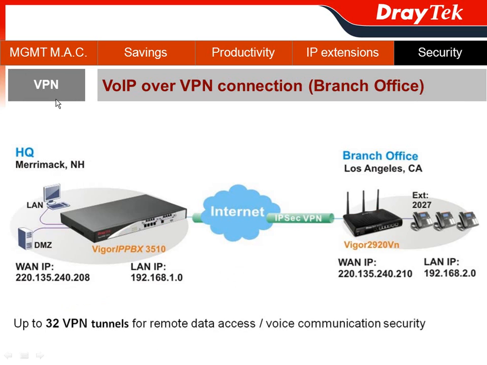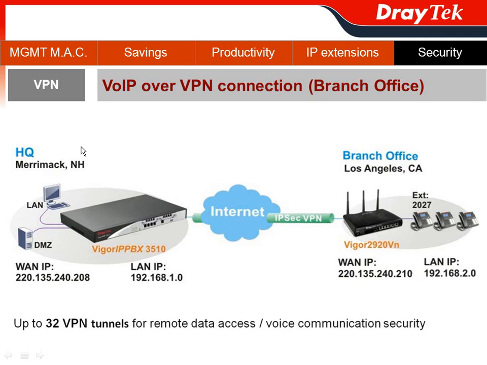First, we'll introduce the virtual private network feature of VigorIPPBX Certified 10, and also emphasize voice over IP over VPN. VigorIPPBX Certified 10 can provide up to 32 VPN tunnels for your remote data access and even voice communication security.